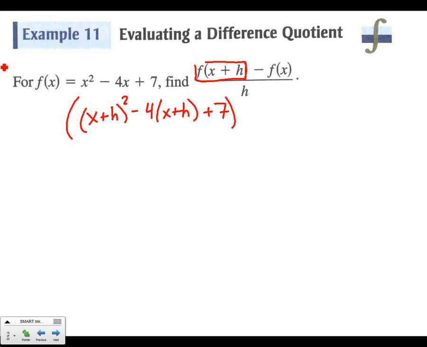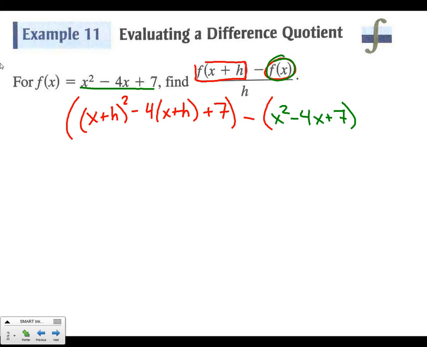We put big parentheses around it. Minus f of x. Actually, let me do this in green so we can see it. That's just our original equation, x squared minus 4x plus 7, all over h. I'm going to leave that h out until the end, just for space. It works out a little better if we wait to clean it up.